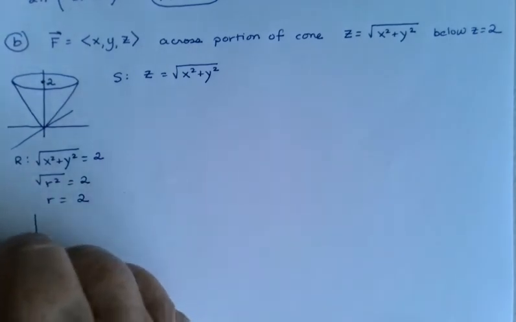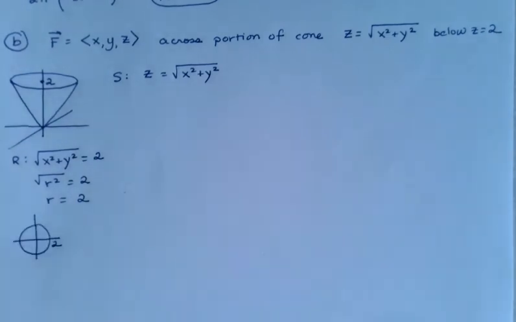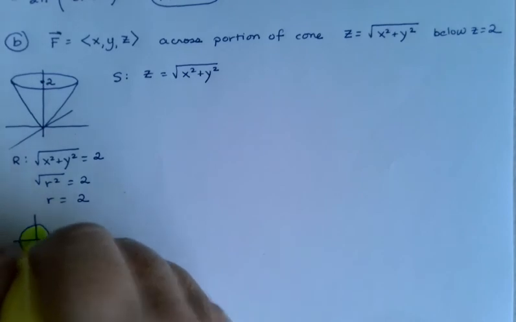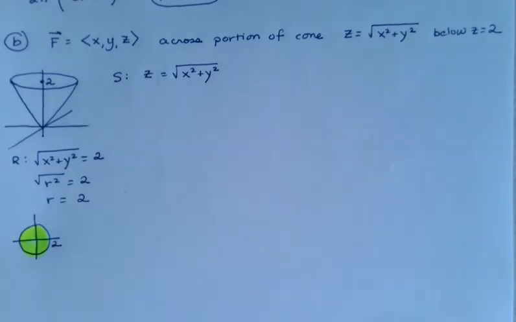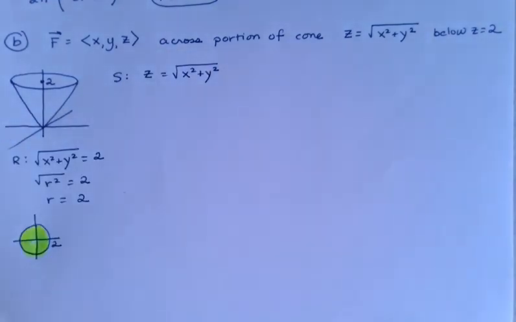And therefore my region R is simply a circle of radius 2. Once again, kind of hinting that I'm probably going to end up in polar coordinates in the long run. But note here that you can never go to polar coordinates until after you've done your derivatives, because the gradient is defined in terms of derivatives with respect to x and y and z. So be sure you don't change this into polar coordinates until after you get that gradient.